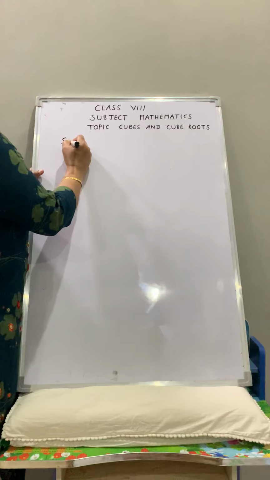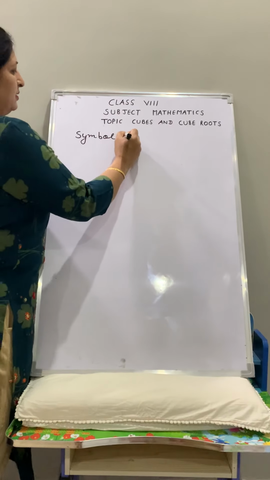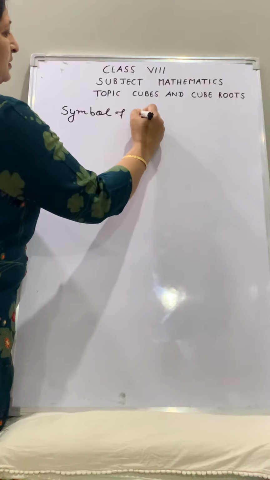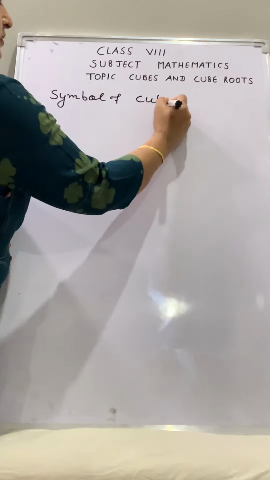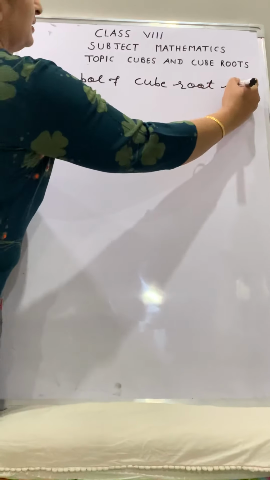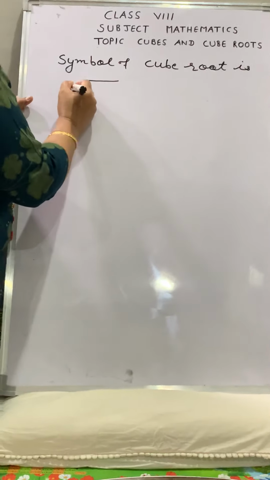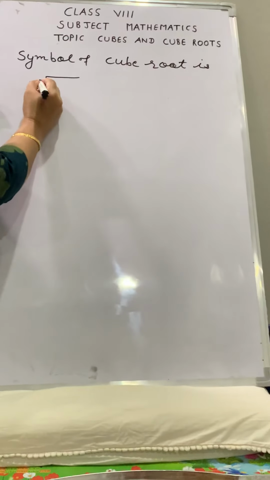The symbol of cube root is this, and you put a 3 here.